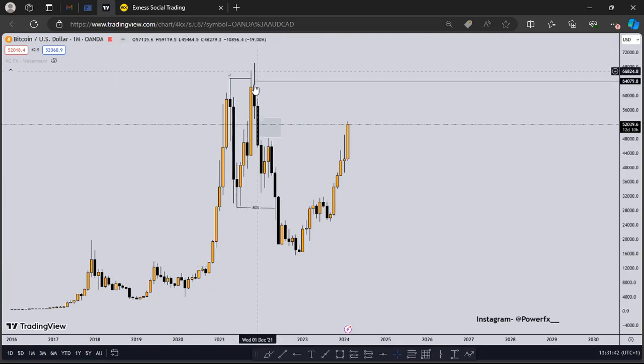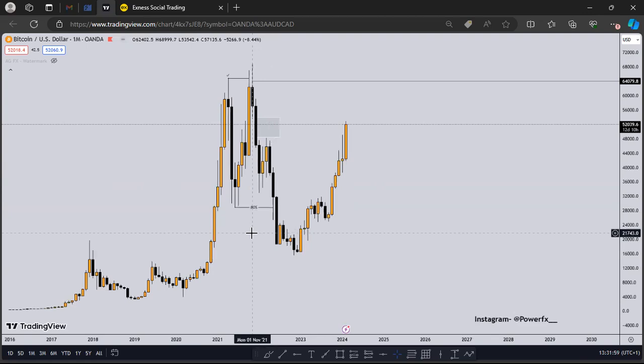The market consolidated, dropped, drop, base, drop. The market has broken a structure. This is on the monthly time frame, and I've had this analysis for a very long time.